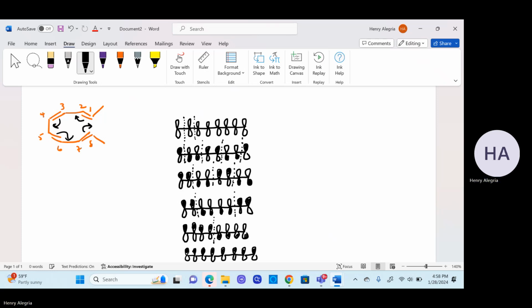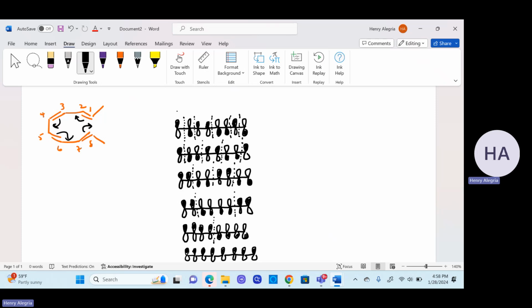One there, the second one there, the third one there, the fourth one there, the fifth one there. So this one does not match this one, which doesn't match that one, but here we have a match. Here we have a mismatch. Here we have a match. That is a mismatch, and that is a mismatch.